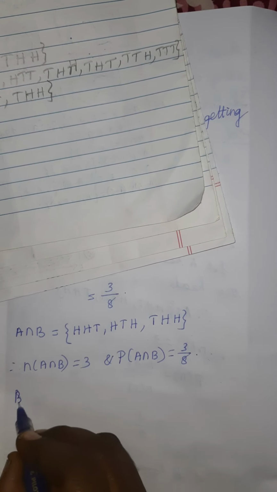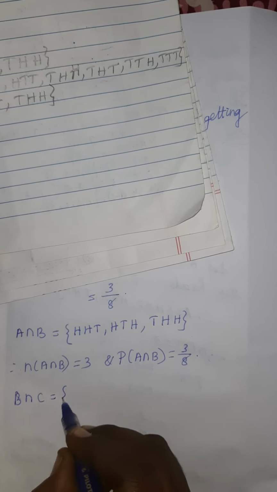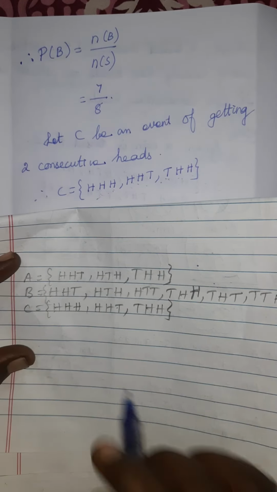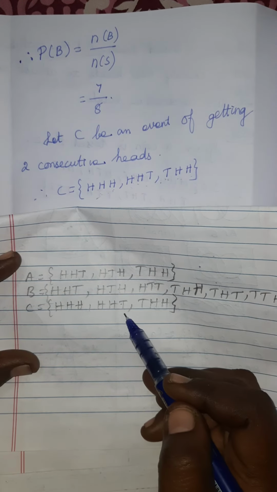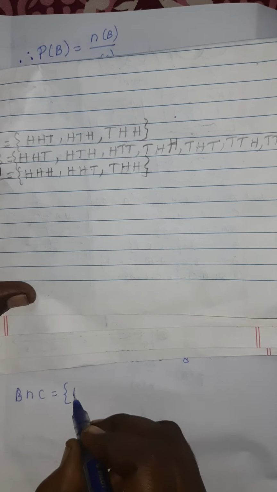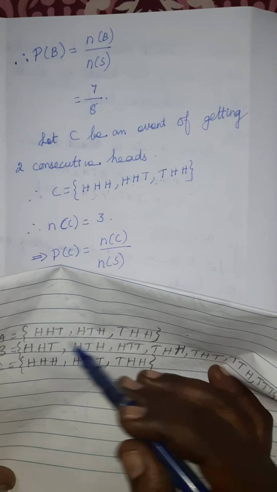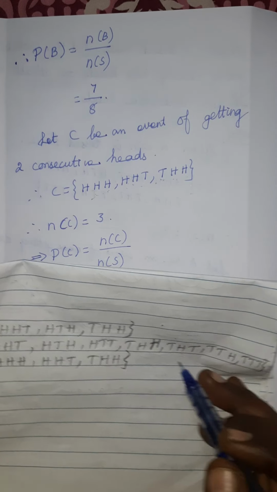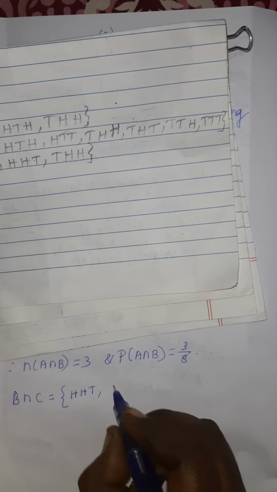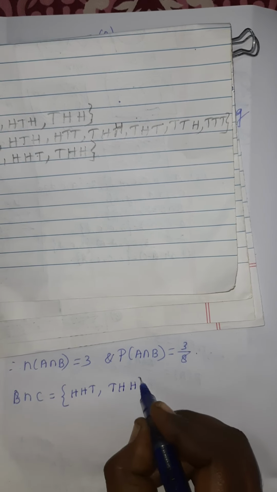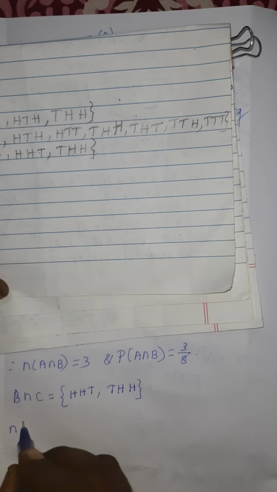Next we can find out B intersection C. What are the elements common in B and C? H, H, T, first element of this B set. Next H, H, H is not there, then T, H, H, this element T, H, H. Okay, so how many elements are there?